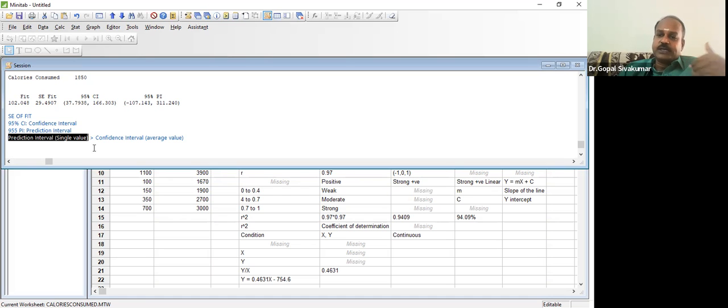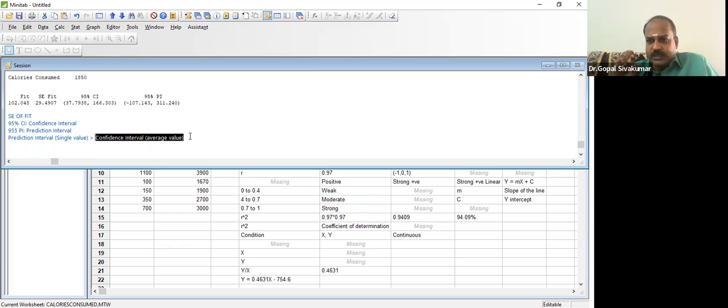I did an experiment once, and that single Y value is expected to be inside the prediction interval. Another person is conducting the experiment 3 times. How many times? 3 times. Now he will have 3 Y values. When you have the experiment repeated 3 times, you take the average, and the average will be within your confidence interval.